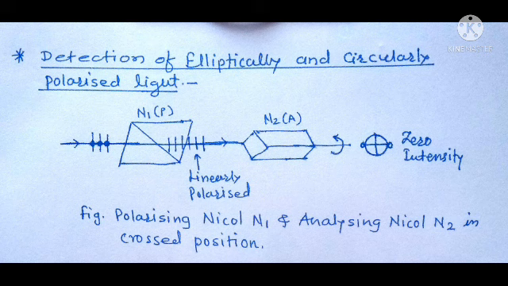If this analyzer is rotated through 180 degrees, zero intensity is observed at a particular position where Nicol prisms N1 and N2 are crossed with each other. So this is the first position. If the Nicol prisms N1 and N2 are in crossed position, then zero intensity is observed.